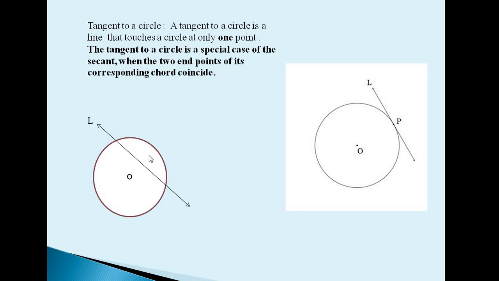Here the same line L is acting as a secant, but a secant touches the circle at two different points. So this line L will become the tangent when it touches the circle at one point.